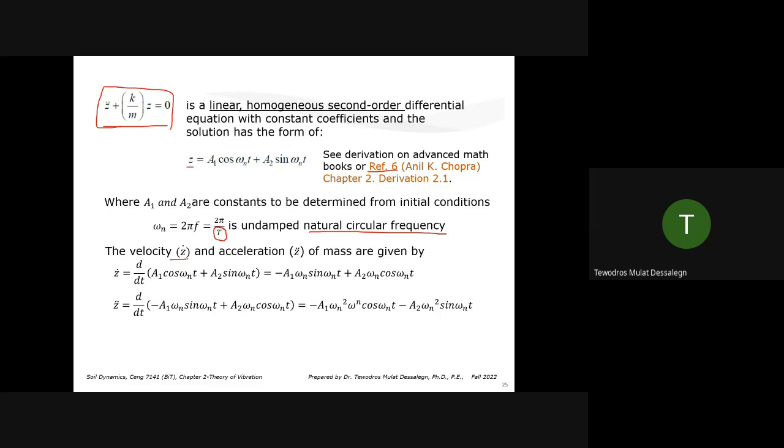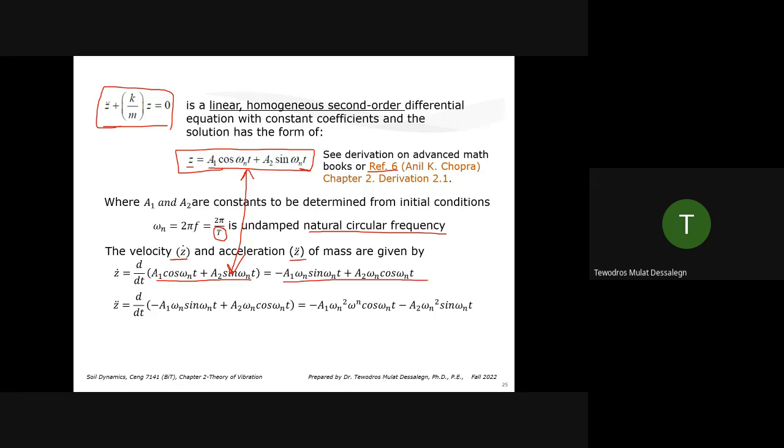Now the velocity and acceleration. Velocity is z dot, which is the first derivative of the displacement. We know the displacement solution is given by this equation. If you take the first derivative of this equation, d by dt, you'll end up with these terms.